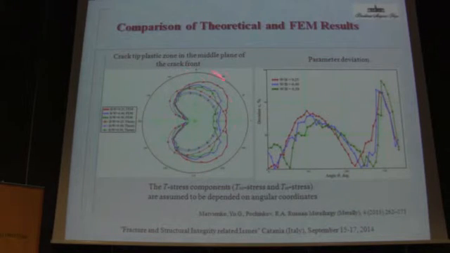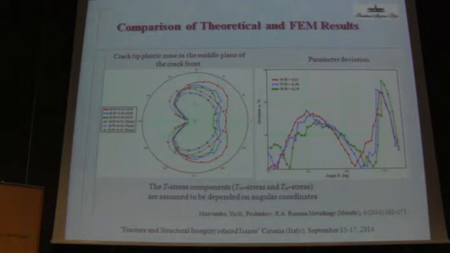And as a result, we have a comparison of theoretical and finite element results here. And there is a deviation between theoretical and finite element results from the point of view of the distribution of the size of the plastic zone ahead of the crack tip.